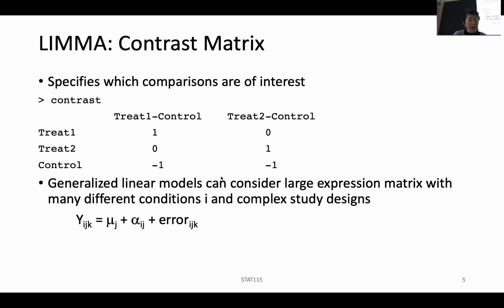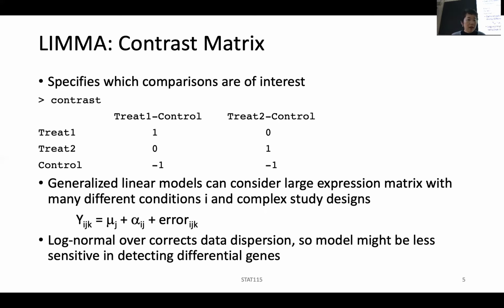And so basically, the algorithm will use this type of generalized linear model to estimate across all the samples what is the mean, what is the effect of each treatment, and whether there is a significant difference between one condition and another condition. And so this works to a certain degree, except that log normal is kind of an overcorrection of your data distribution.